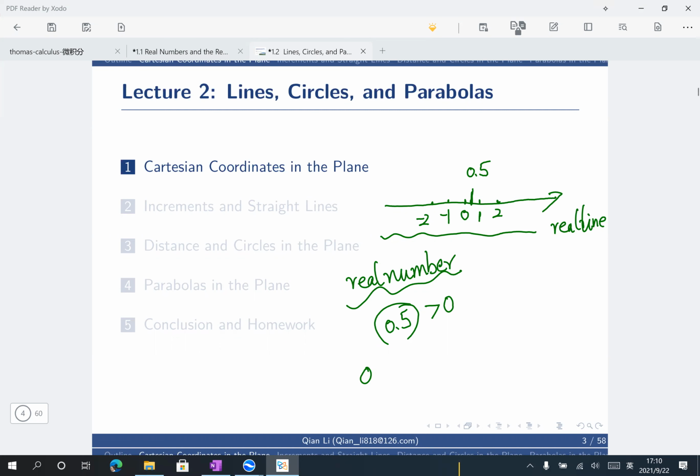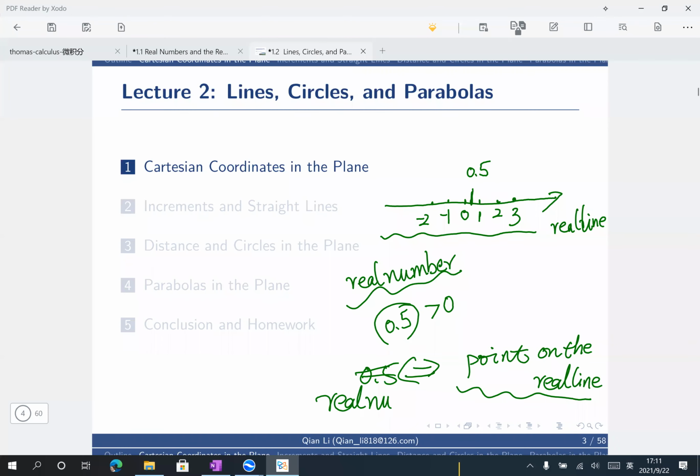Every real number can be represented as a point on the real line, and every point on the real line can be represented as a real number. If there is a point on the real line, this point will be represented as a real number, like 3. So every real number can be represented as a point on the real line, and every point on the real line can be represented as a real number. Okay, this we studied in the previous lectures.